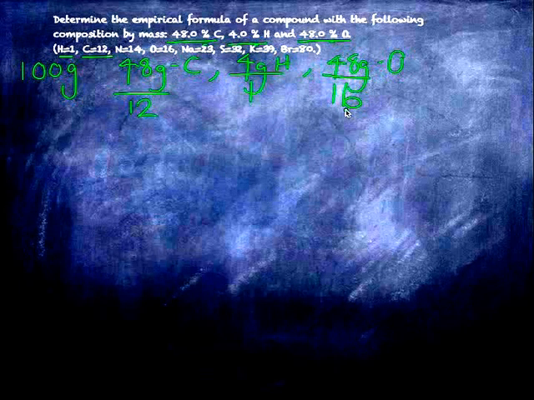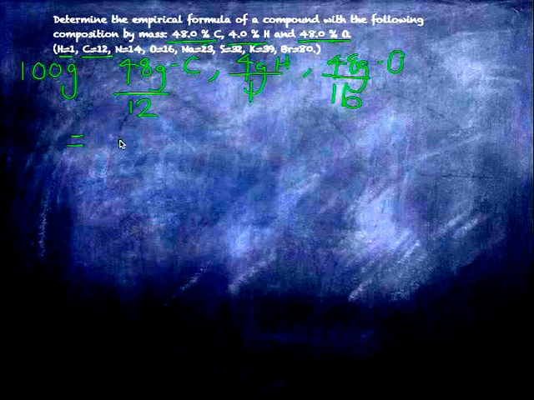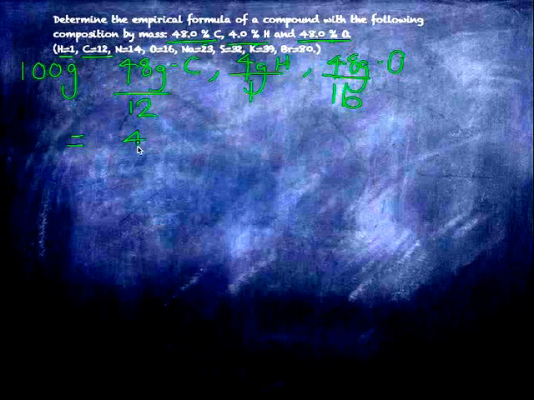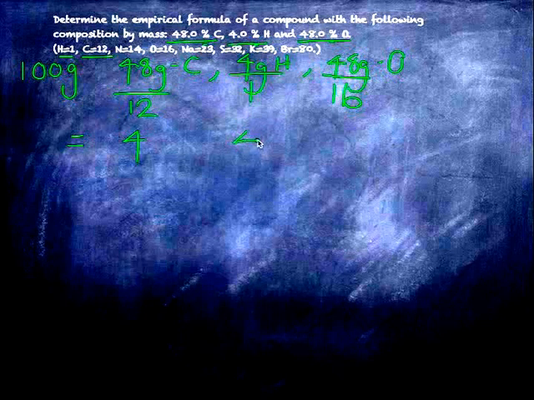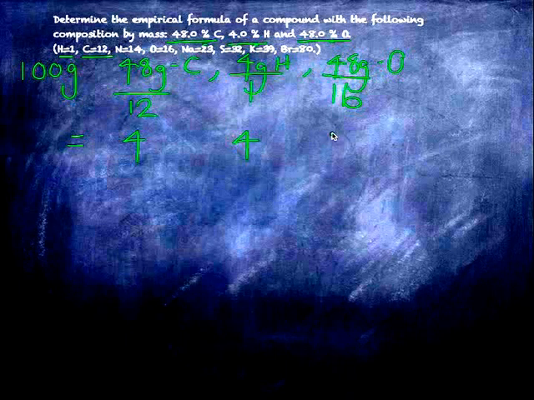So we have 48 divided by 12. That works out at 4 if you use your calculator. 4 divided by 1 works out at 4. And we have 48 divided by 16, which works out at 3.